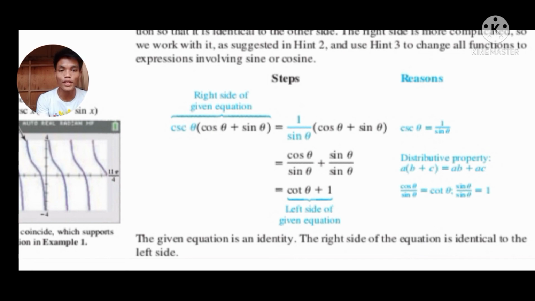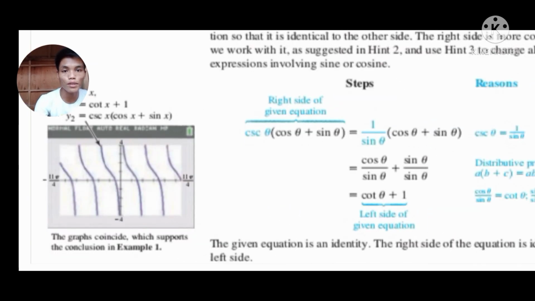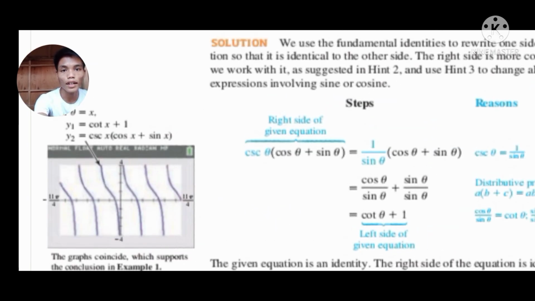So the given equation is an identity. The right side of the equation is identical to the left side. So there is a graph here that will explain that they have an identity.